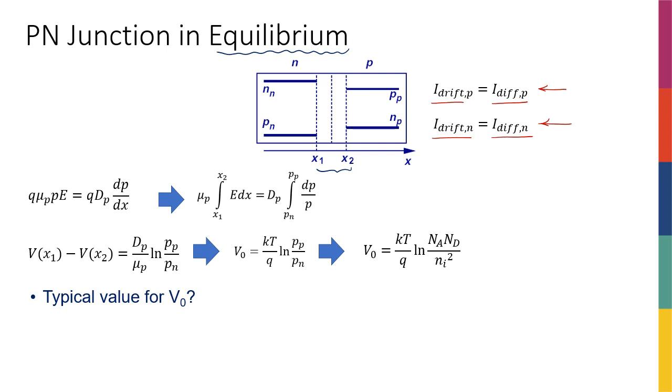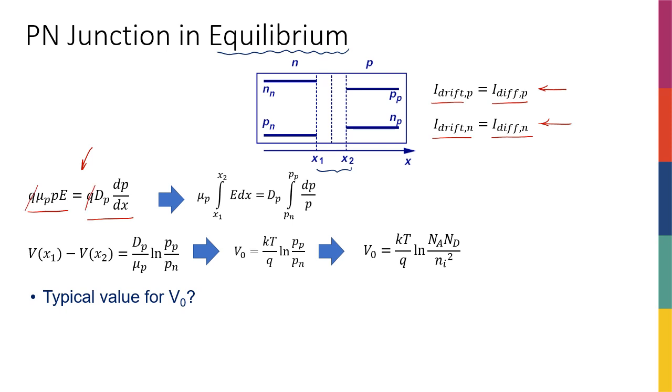So let's see what that means. If I take the drift current density from the equation that we found in the previous slides, and make that equal to the diffusion current density, we have this equation, right? In this equation, we have Q on both sides, so I can cancel that out.